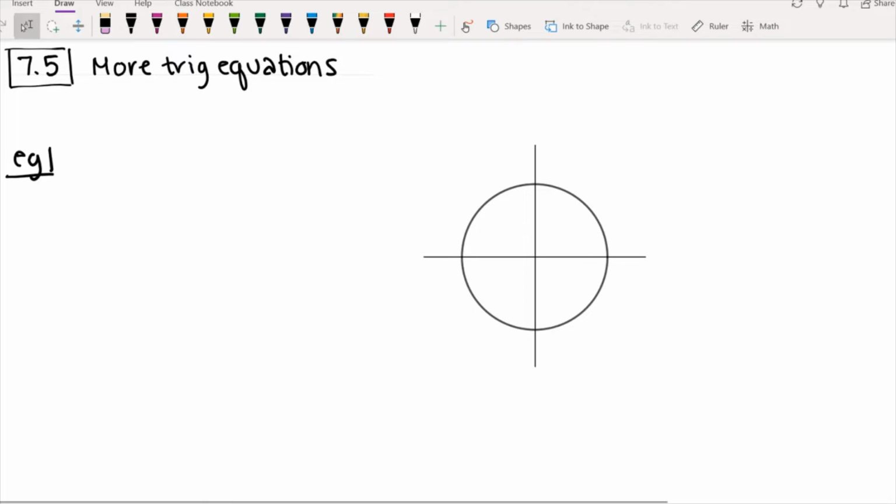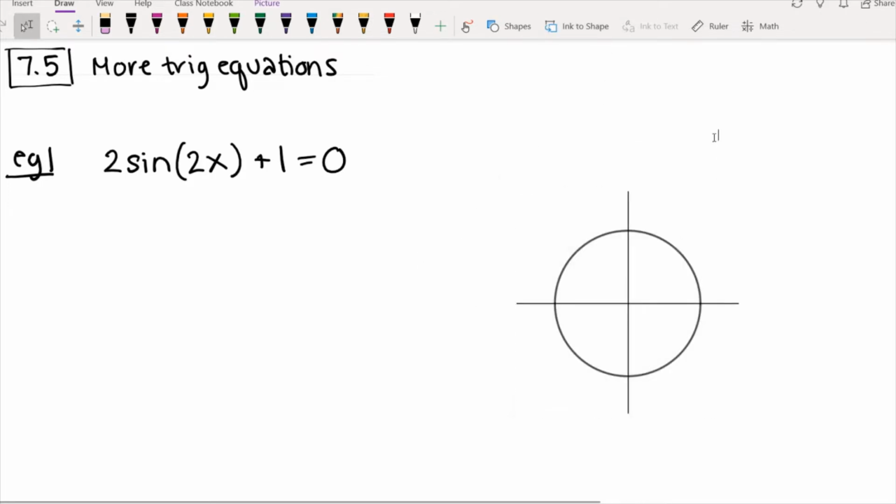So an example of an equation like this would be to solve something like this. So 2 times sine of 2x plus 1 is equal to 0. And so for these problems, I want to do two different approaches to answering them. So the first thing we're going to do is focus on describing all solutions.